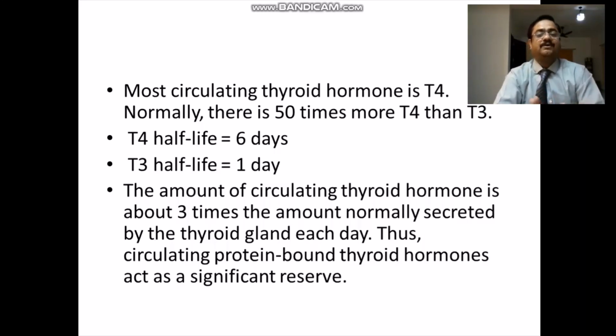The amount of circulating thyroid hormone is about 3 times the amount normally secreted by the gland every day, and thus circulating protein-bound thyroid hormones act as a significant reserve. That's why you take replacement therapy with thyroxine every day, because the T3 half-life is only 1 day.